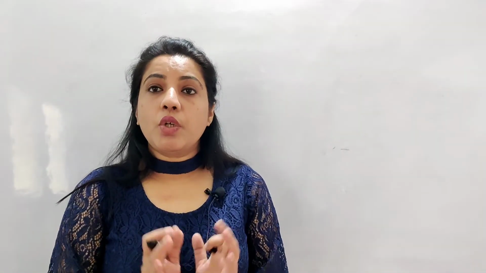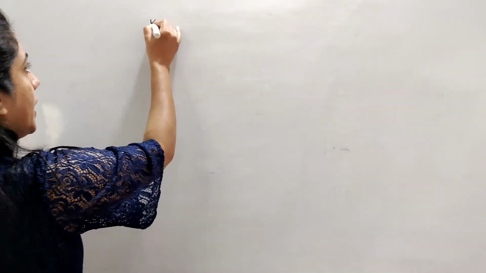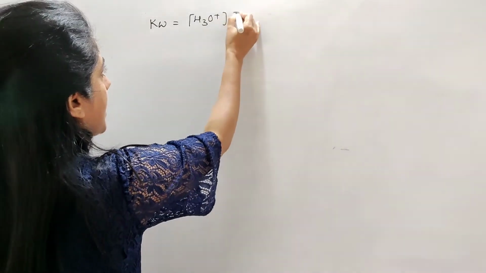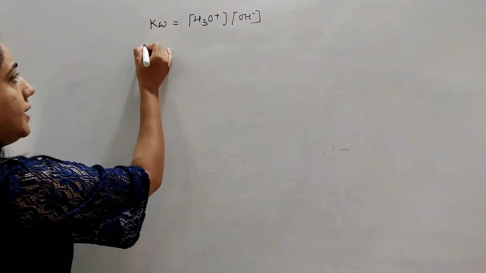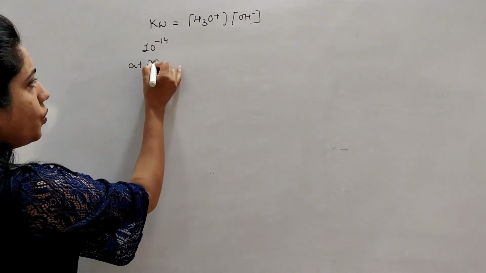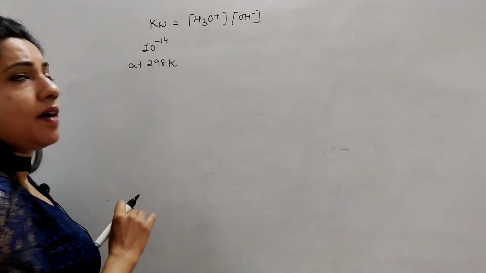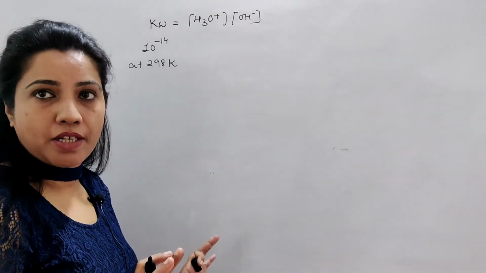Now let us talk about the two extreme conditions. We have Kw is equal to concentration of H3O plus into concentration of OH minus. We know that the value of Kw is 10 raised to power minus 14 at 298 Kelvin temperature. We are considering that we have all H3O plus concentration only and there is no OH minus concentration.